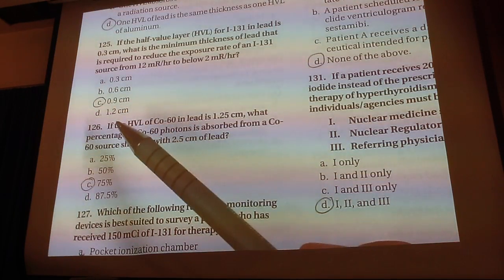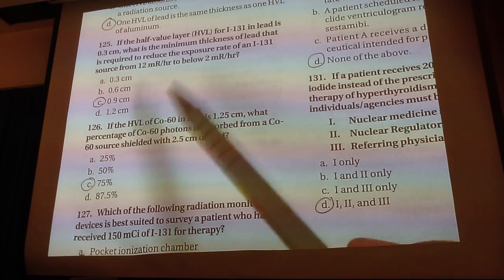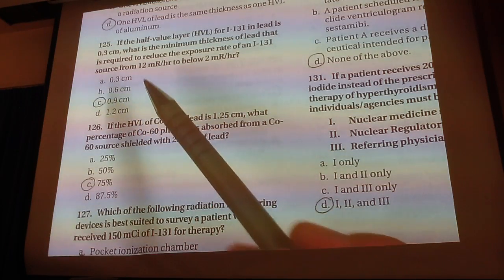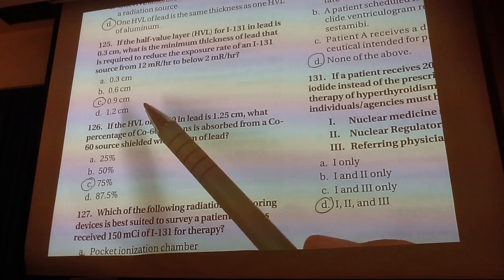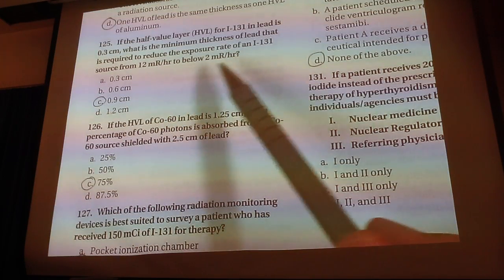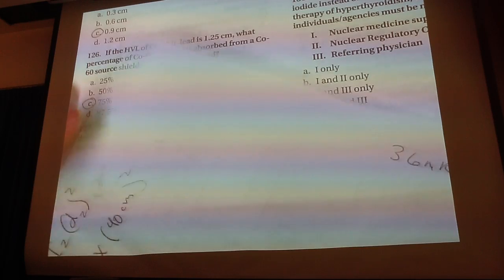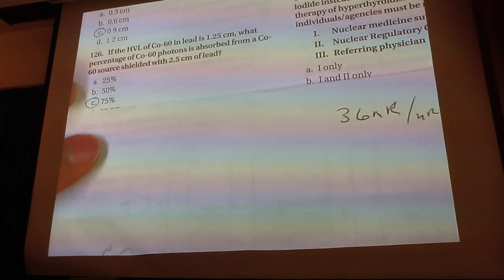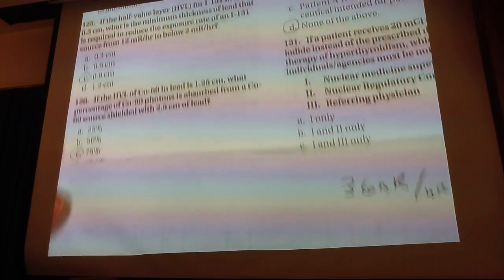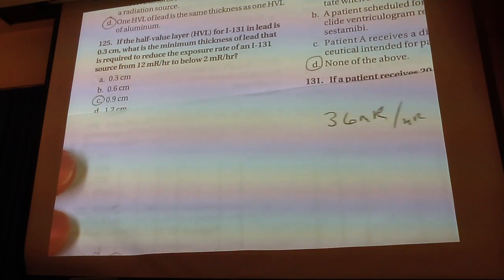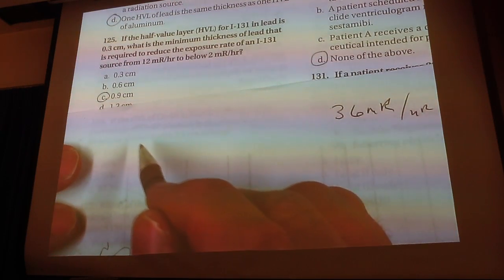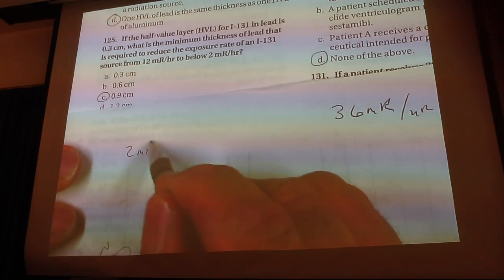If you wanted to calculate exactly how much, how could I know exactly how much I would need to get this particular reading? The Beer-Lambert law, yeah, exactly. In that particular example, we want to get 2 mR per hour.